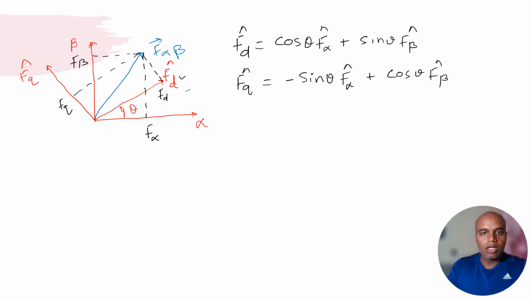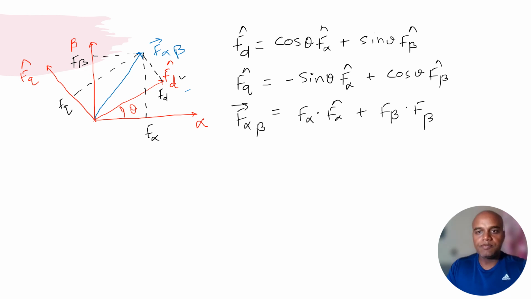And this arbitrary vector f alpha beta is equal to f of alpha, the projection on the alpha axis with the cap, plus f of beta cap.